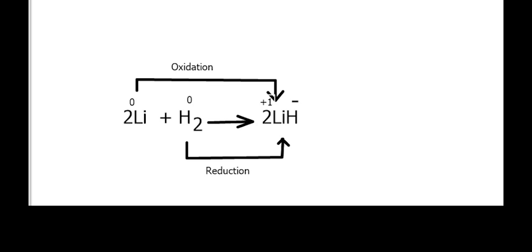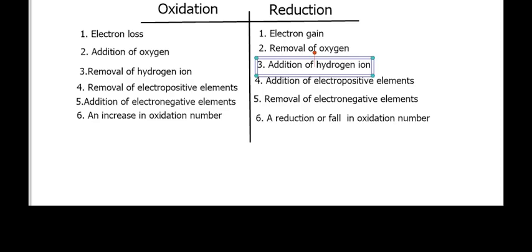Here, the hydrogen that was added is H minus. When hydrogen carries a negative sign, it is not standing as a proton or hydrogen ion, but rather as an electronegative ion, which is hydride ion. So in this case, hydrogen is acting as an electronegative element.